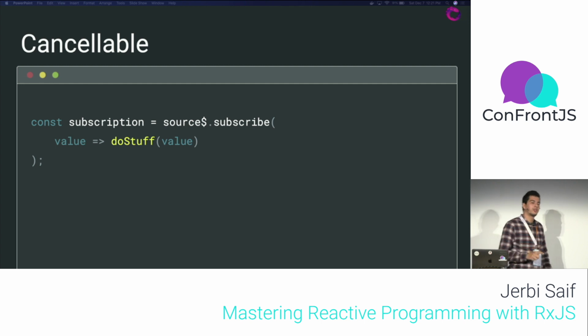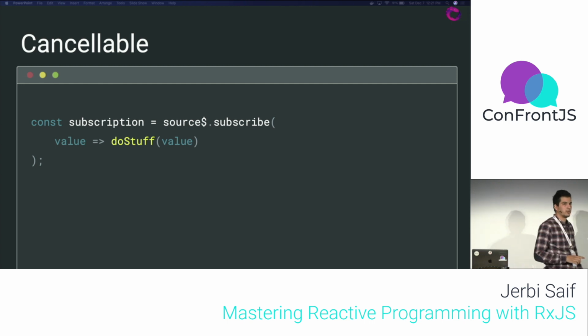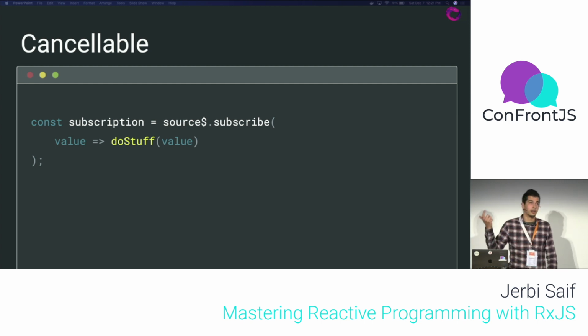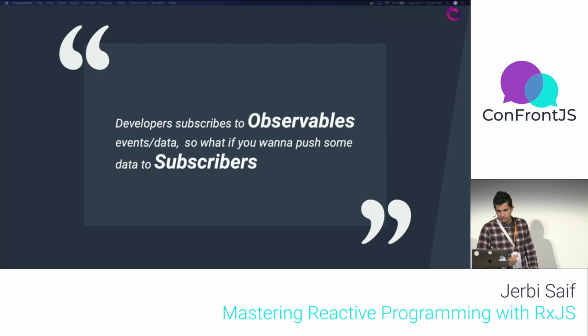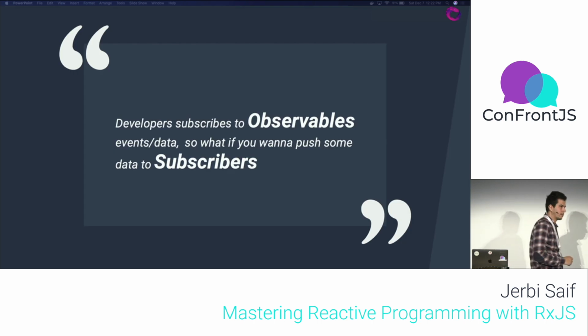I said that observables are cancelable. To cancel an observable, you have to initialize a variable that contains this subscription, and later in your code, you have to unsubscribe. From this time on, you will not get notified about new values. This is how to consume observables.